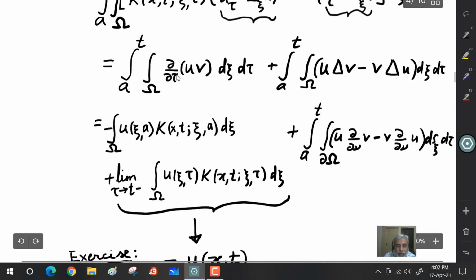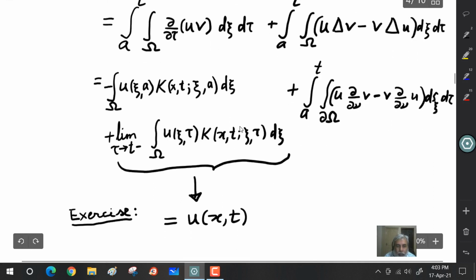But at tau equal to t, this v is nothing but the fundamental solution. It has some singularity at tau equal to t. So that should be interpreted as you take the limit as tau tending to t from below of the integral of u xi tau and k x t xi tau d xi.